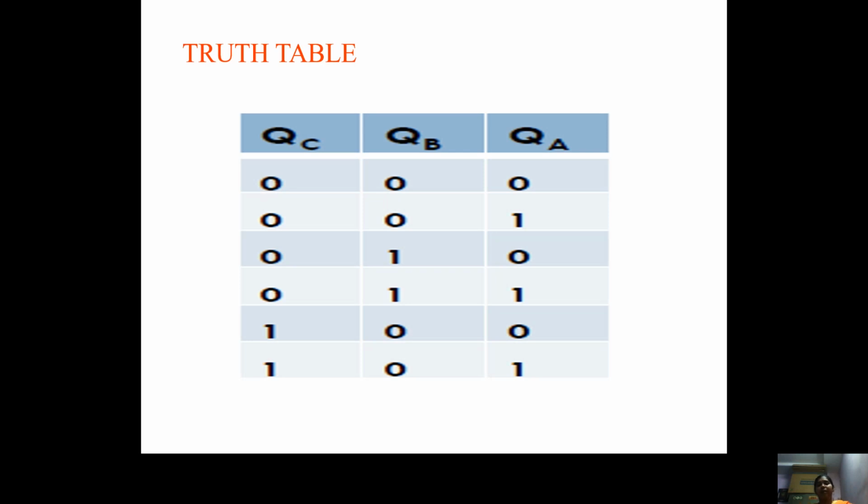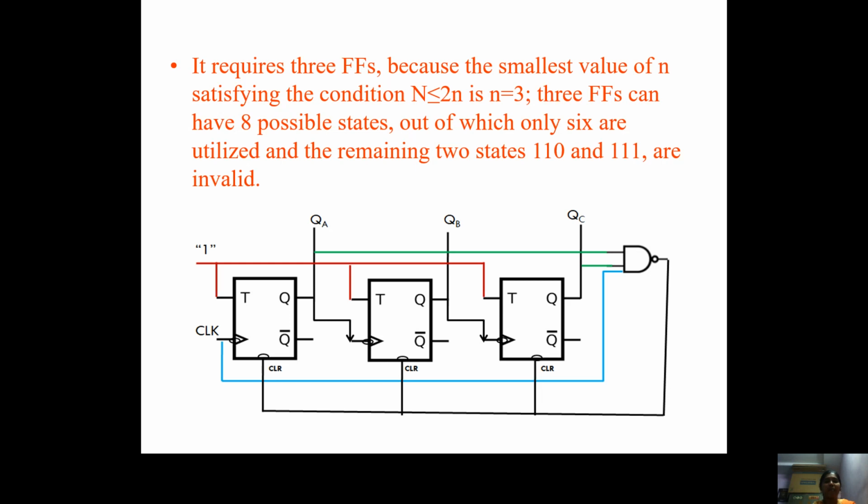Both QC and QA are applied as inputs to the NAND gate. If you observe clearly, since both QC and QA are 1 and 1, what will be the output of the NAND gate? Obviously 0, so this will clear.